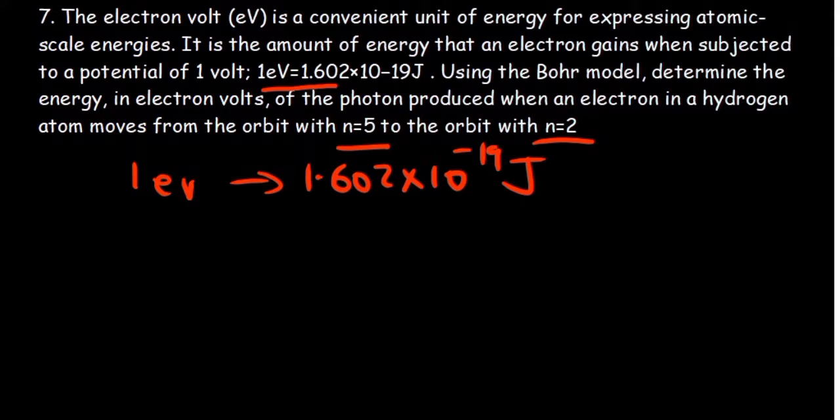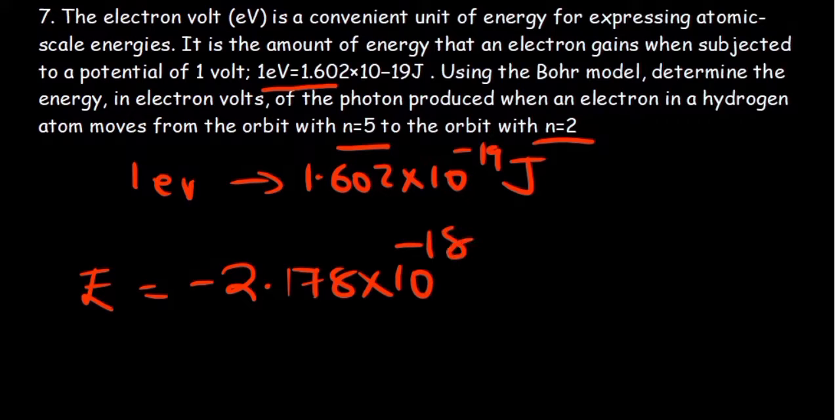From Bohr's model, the energy involved in a transition is calculated from this formula: negative 2.178 times 10 to the power negative 18, then 1 over n final squared minus 1 over n initial squared.